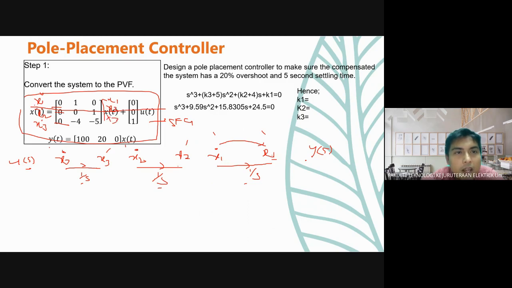So it means that x1 dot actually equals 0 multiplied with x1, which is 0. 1 multiplied with x2 will be x2. 0 multiplied with x3 will become 0. Plus 0 multiplied with u(t) will become 0. So you get that x1 dot equals x2. So you can put it here, 1. So now you get x1 dot equal to x2.